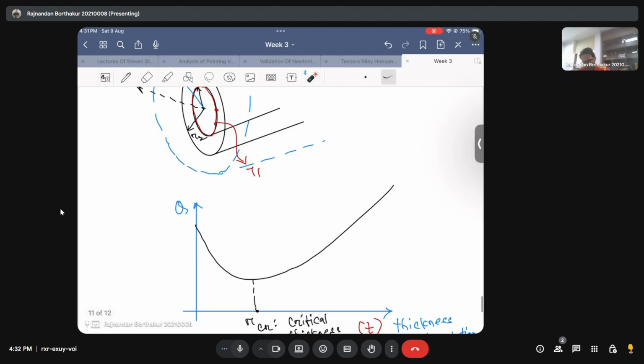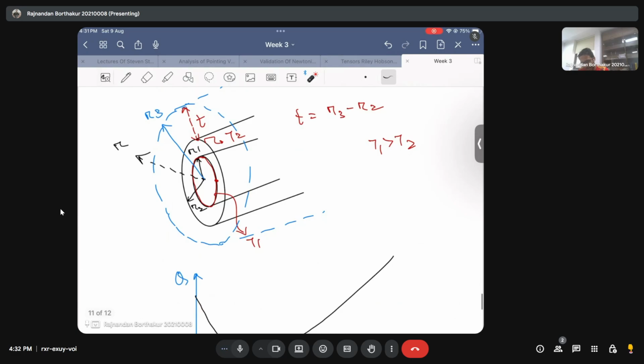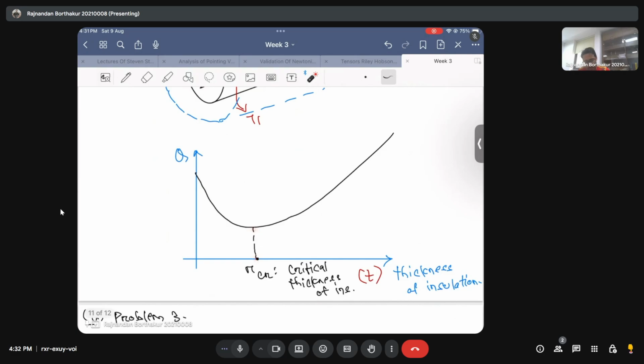So you go on adding your insulating material, increasing the thickness of insulation up to a certain point, at which your rate of heat transfer will be minimum, and that point is known as RCR, the critical thickness of insulation.